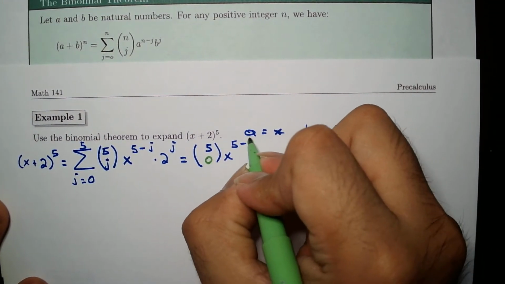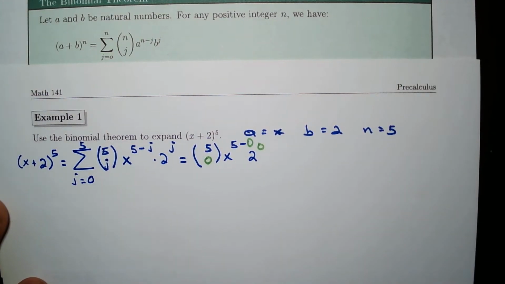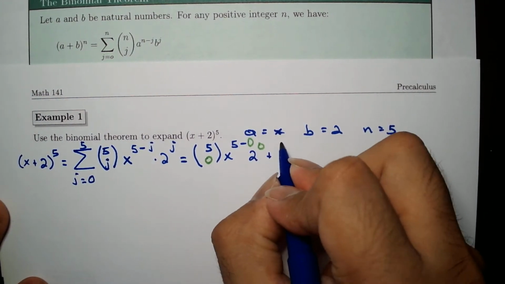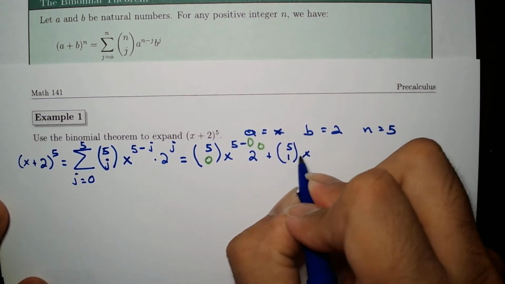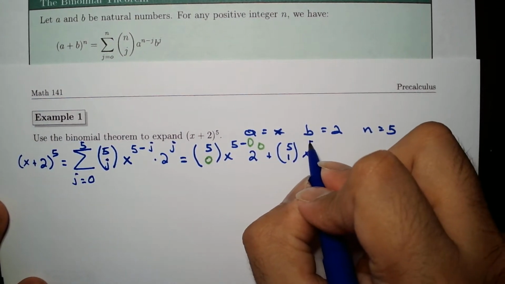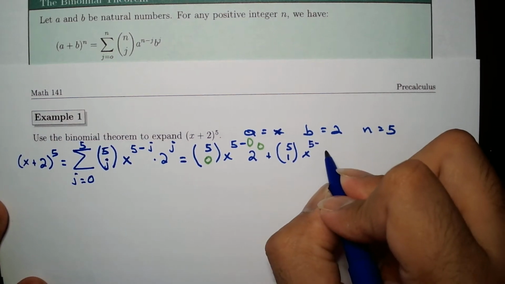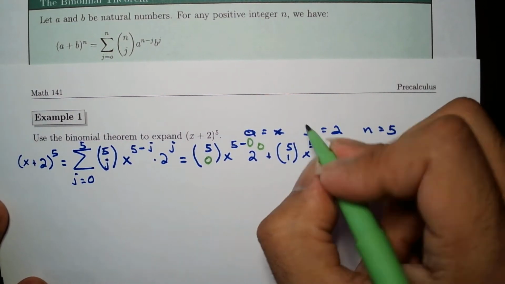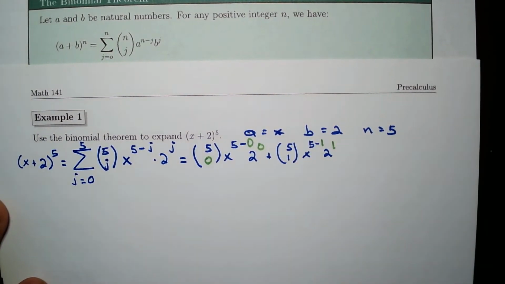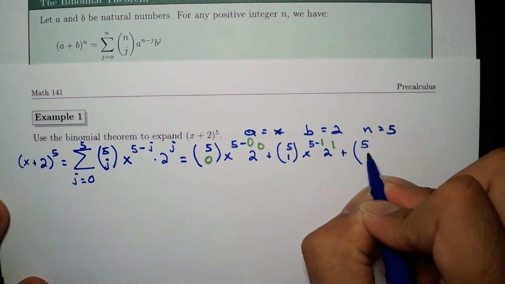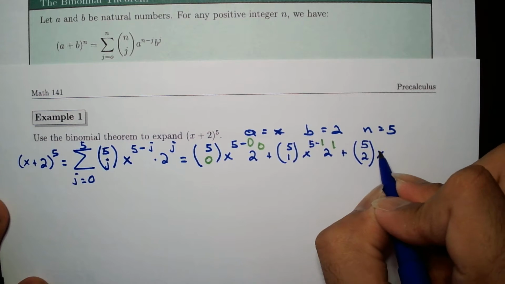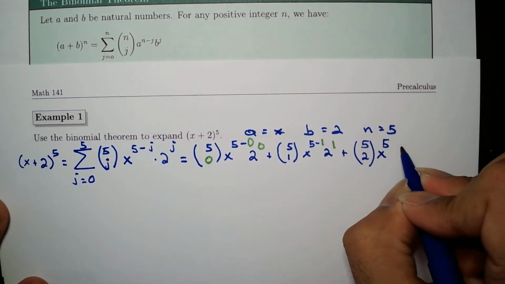And then plus 5 choose 1, x to the 5 minus 1, 2 to the 1. Plus 5 choose 2, x to the 5 minus 2, 2 to the 2.